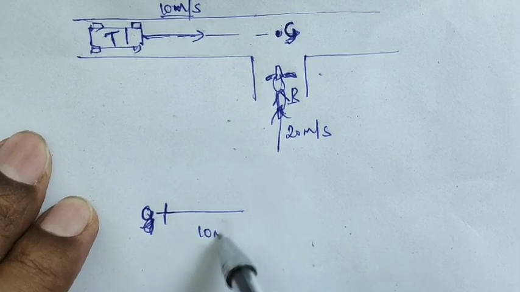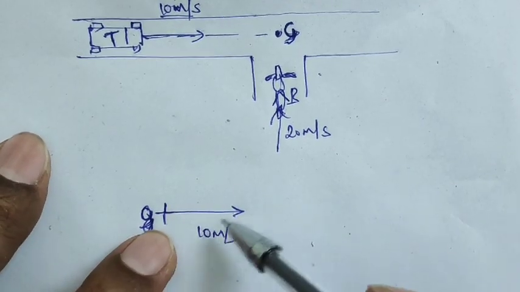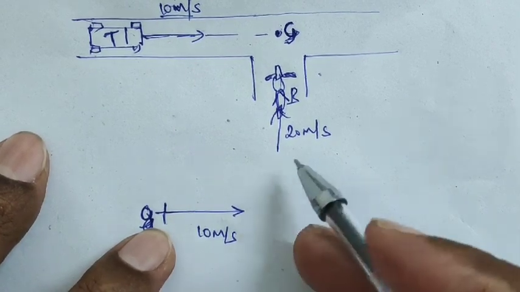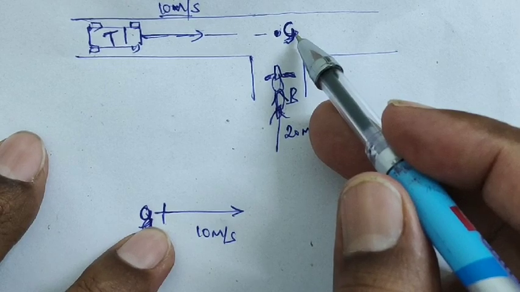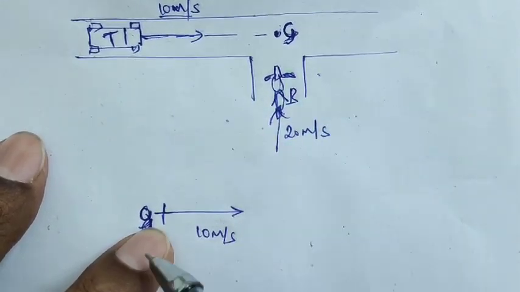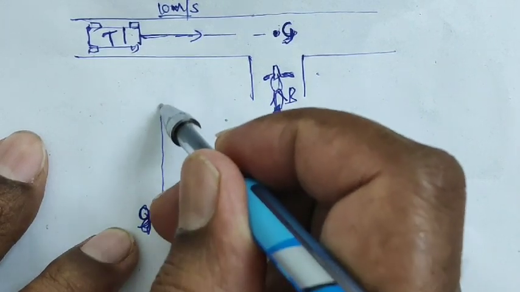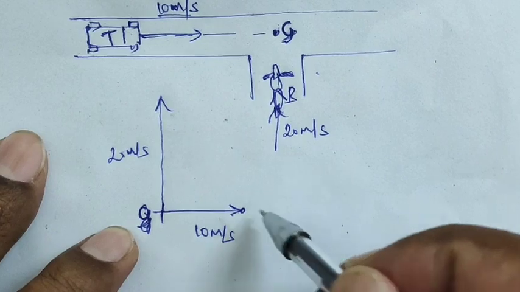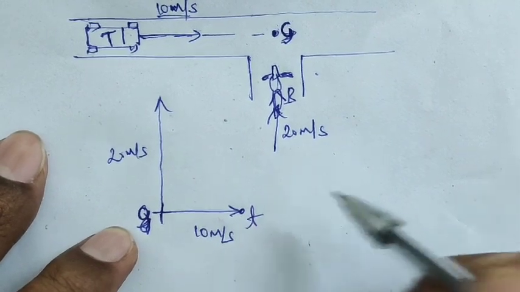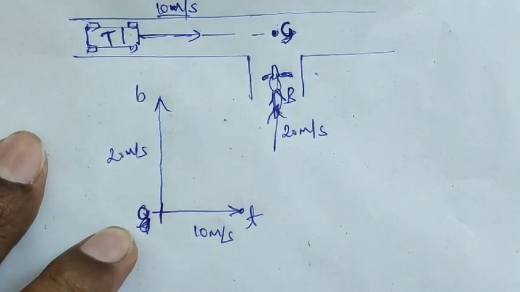So proportional to 10 meters per second, I have drawn a length of maybe 2 centimeters. And now with respect to ground, this biker is moving at 20 meters per second in this direction. So he is going 20 meters per second like this. This is the velocity of the biker B.